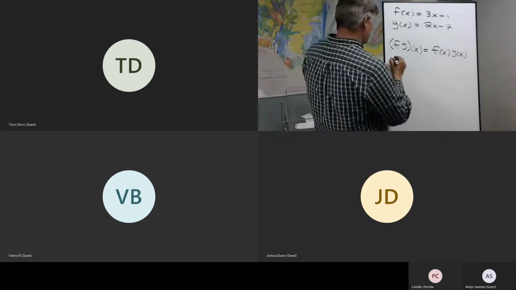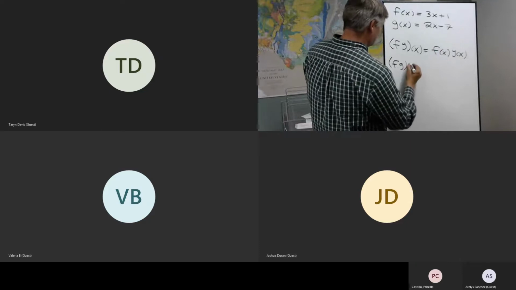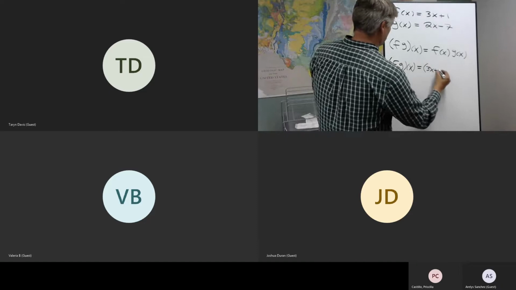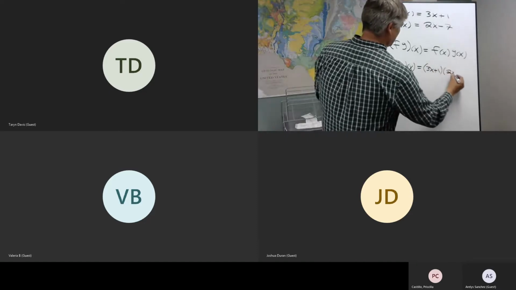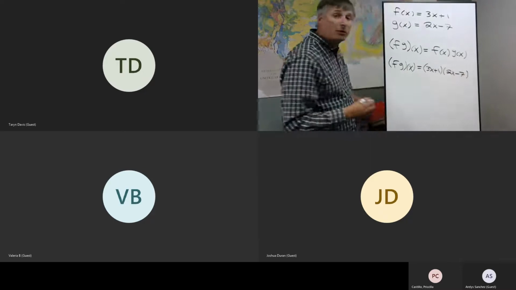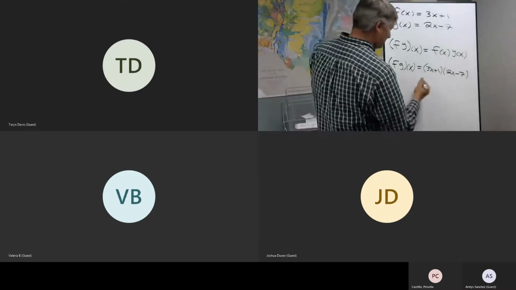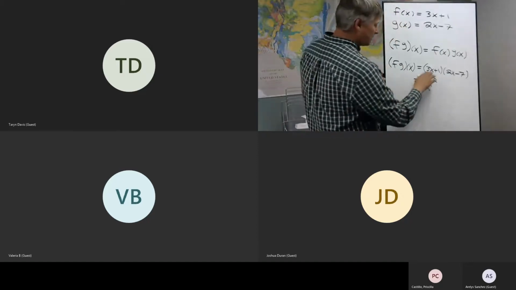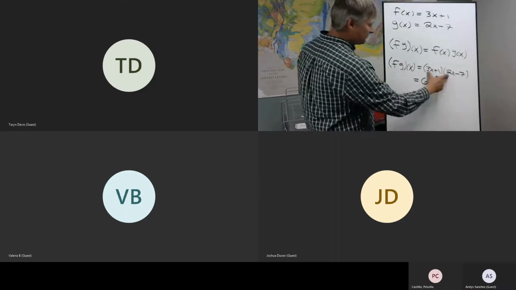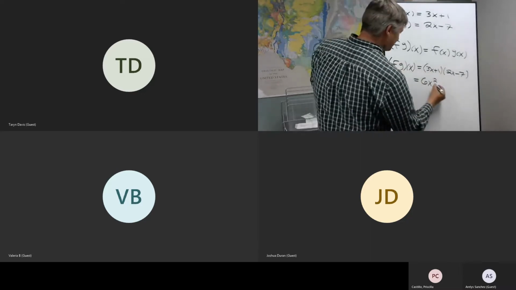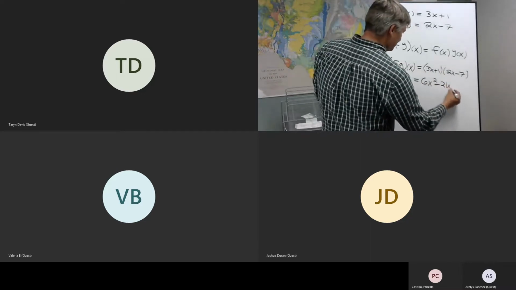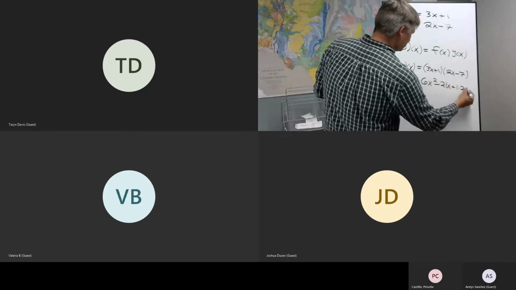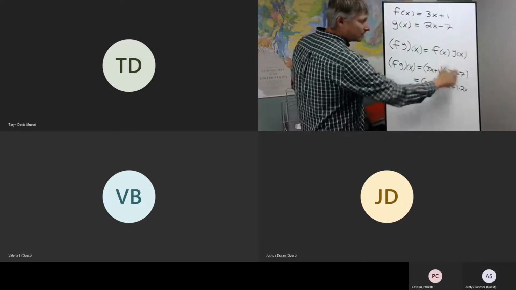So for our example, we're going to FOIL. 3x times 2x, 6x squared, 3x times minus 7, or the outer. We've done the first, now we're doing the outer. We do the inner. And then finally, we do the last, 1 times minus 7.